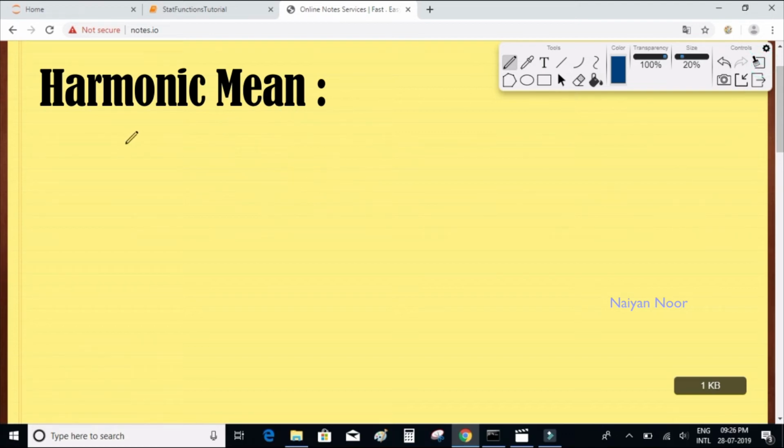Let's take a simple example where we want to find the harmonic mean of the numbers 1, 2 and 3. The harmonic mean in this case is n divided by, so what is n?